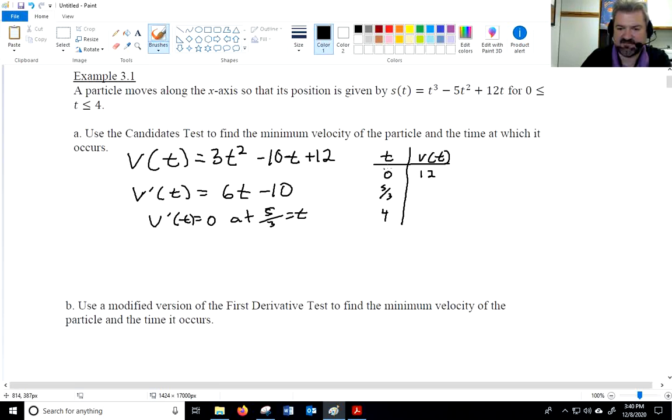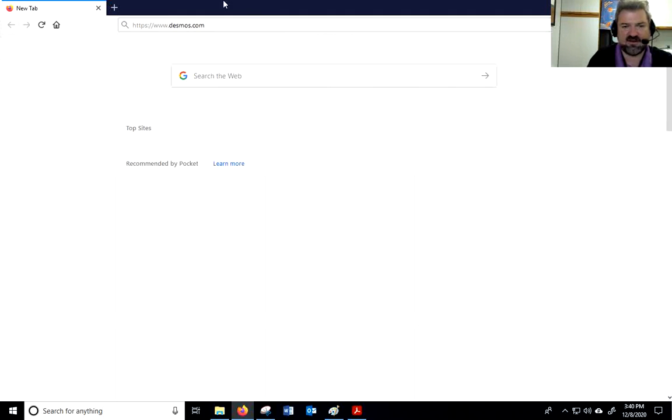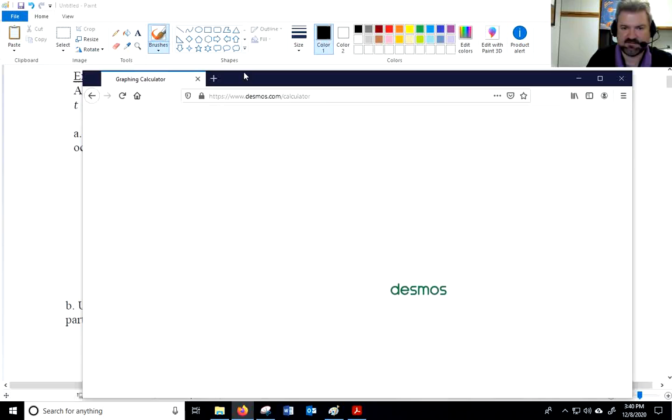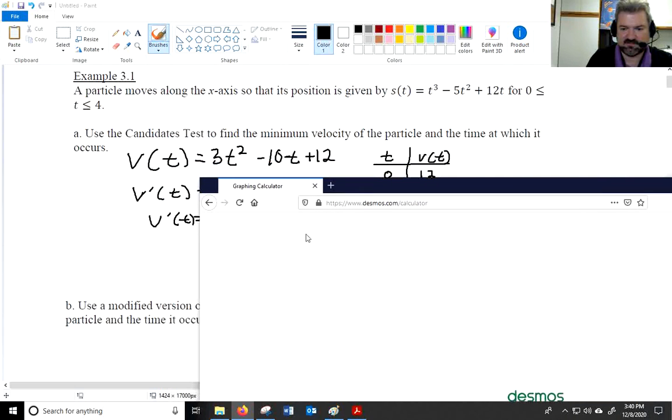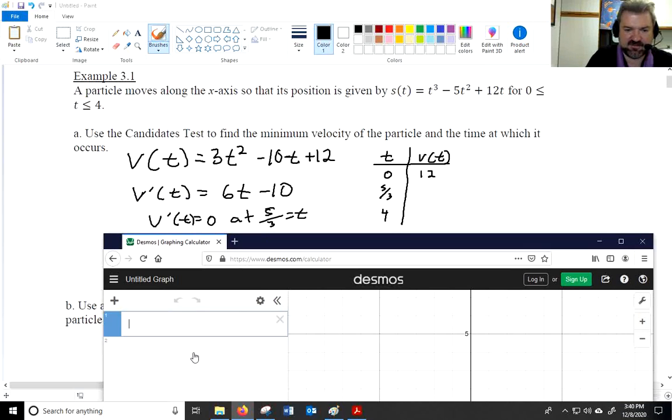Velocity at 5/3, I'm just going to plug that into a calculator, if you don't mind. We are using a lot of calculators in this unit. In my class, we prefer the TI-89, but we can use Desmos online right now if that helps. Now, of course, you wouldn't expect to be able to use an internet-based application on the actual AP exam, but this will be okay for us.